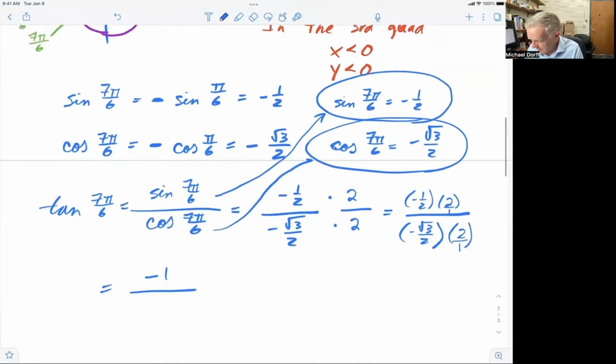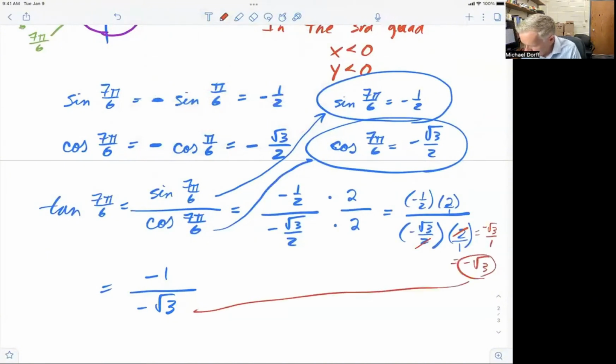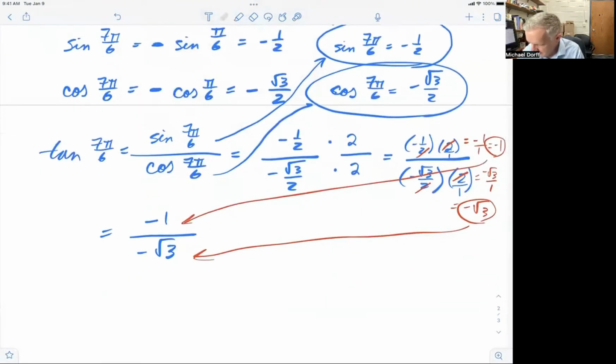Let me show some details here. These 2's cancel out, and so I get negative square root of 3 over 1, which is the same thing as negative square root of 3, which is what I got here. And on this side, the 2's cancel out, and I get negative 1 over 1, which is negative 1, which is what I got over here. So also I can cancel out the negatives, and I get 1 over square root of 3.